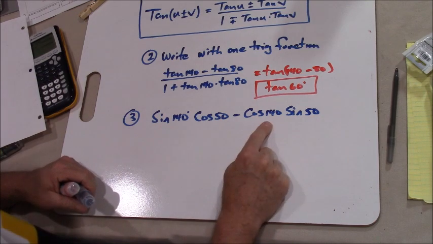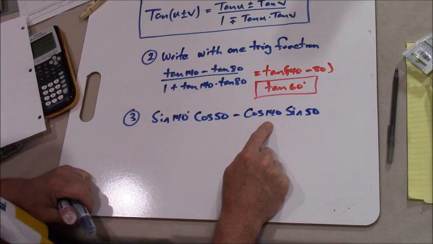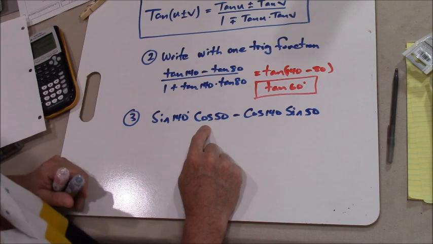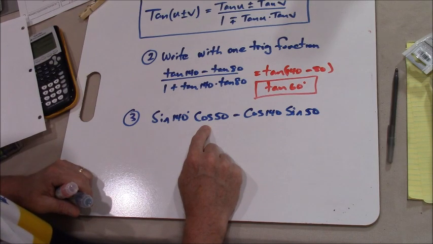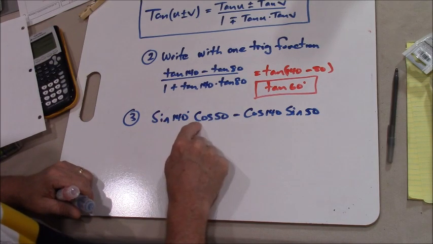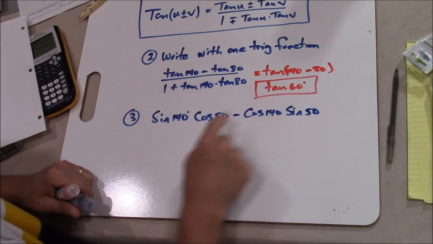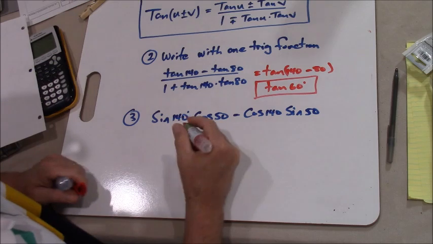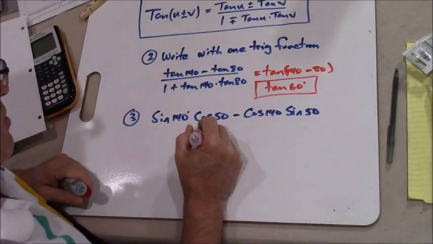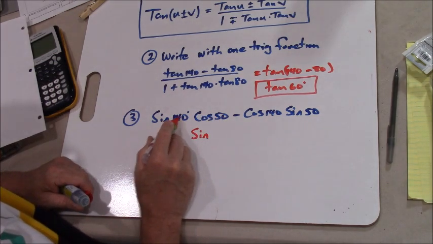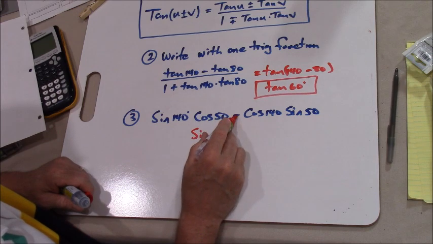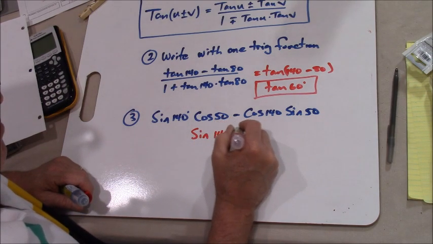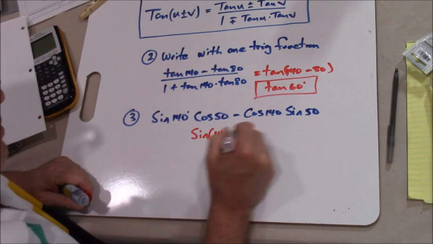So really what you want to do is look at this and think to yourself, is this the sum and difference formula for sines or for cosines? And I know the cosine one is cosine, cosine, sine, sine, so this must belong to the sine function. So what I would have is the sine of this angle, and we should be subtracting. So 140 minus 50.